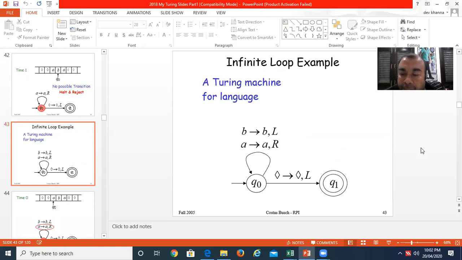If you are reading B, B remains B and you switch towards the left hand side. And if you encounter the blank symbol, blank remains blank and you switch towards the left hand side. These are the meanings of the transition functions of this Turing machine, slide number 43. And this is the example of an infinite loop or hang.